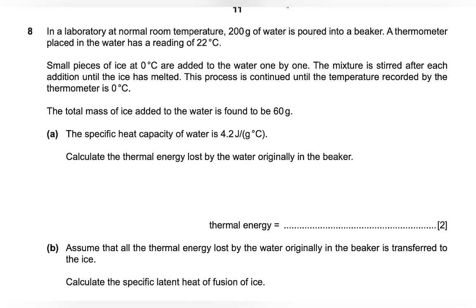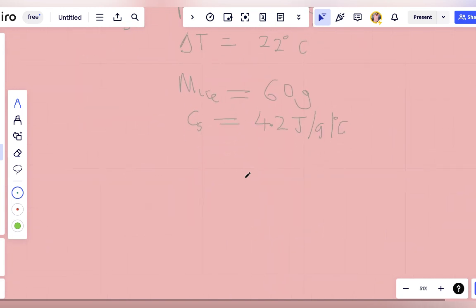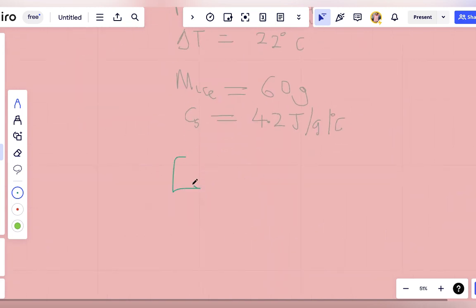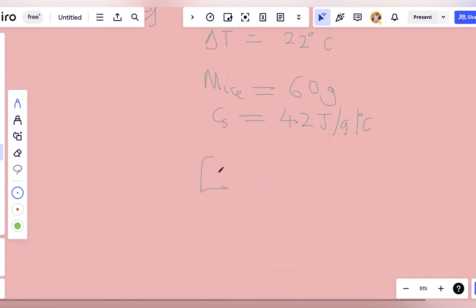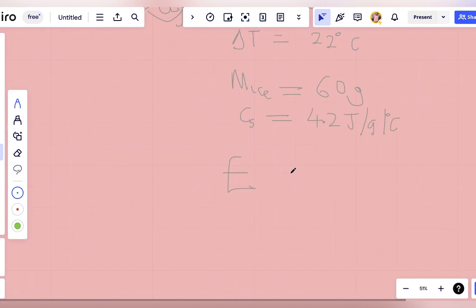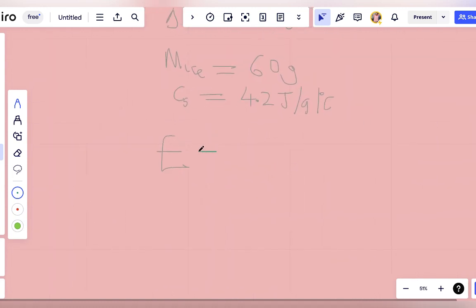So, you know the formula for calculating heat energy, thermal energy. Some texts use Q for this thermal energy, some use E. In this case, let's quickly use E for convenience. We say E is equal to the mass multiplied by the specific heat capacity, C subscript S, times the change in temperature, delta T. This delta means change in temperature. So this is the formula for the thermal energy lost that we are calculating.